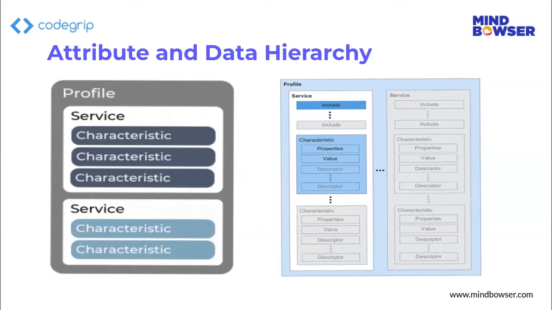Now I'm going to explain the attribute and data hierarchy. The first one is the profile. A profile is a group of services which contain the meaningful data, like the heart rate service or any other kind of services, and they are compiled by the Bluetooth SIG or peripheral designers. Now the second part is services. Services are a group of characteristics.